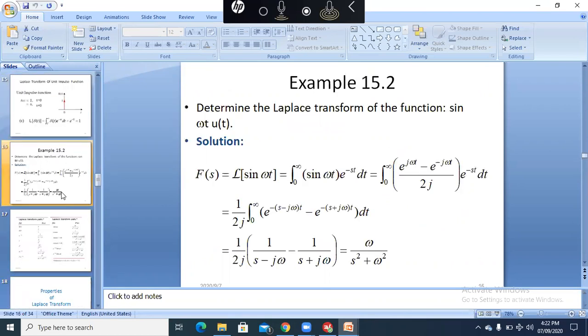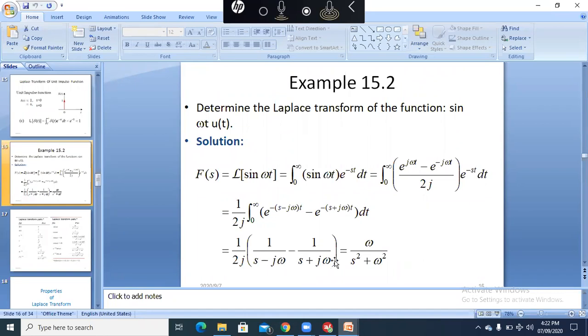For a sinusoidal function or sinusoidal input, we convert it into the form of exponentials, and we take 1 by 2j common, and we take the integral, and we solve the integral, and we substitute the values, and that value is 1 over s minus j omega for this part, and 1 over s plus j omega for this part.